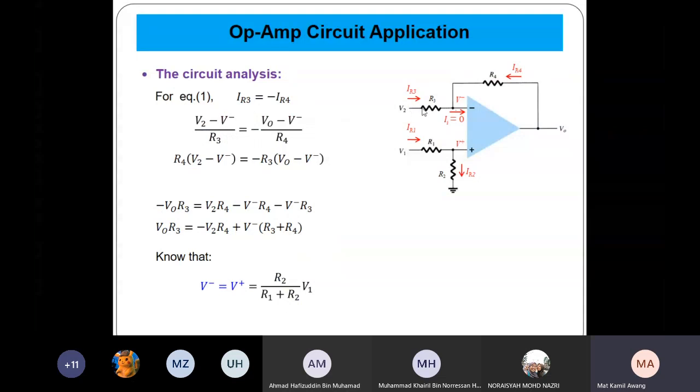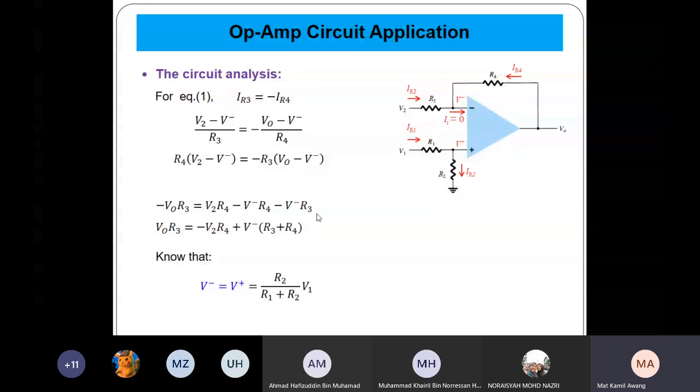IR3 is basically V2 minus V minus divided by R3. What is IR4? IR4 is V out minus V minus divided by R4. So rearrange, you get R4 times (V2 minus V minus) equal to minus R3 times (V out minus V minus).